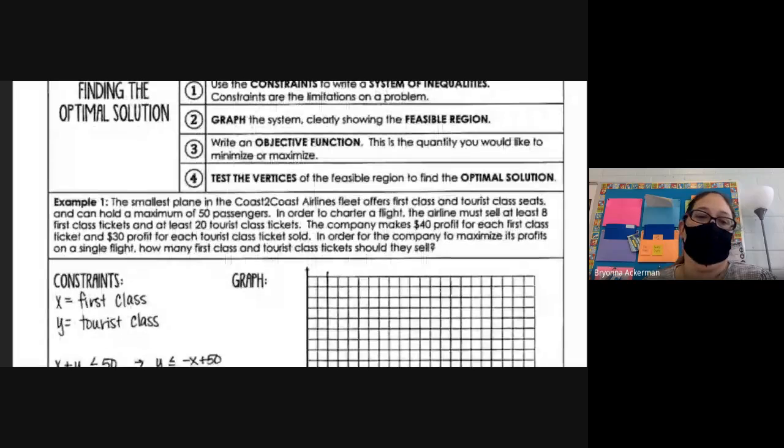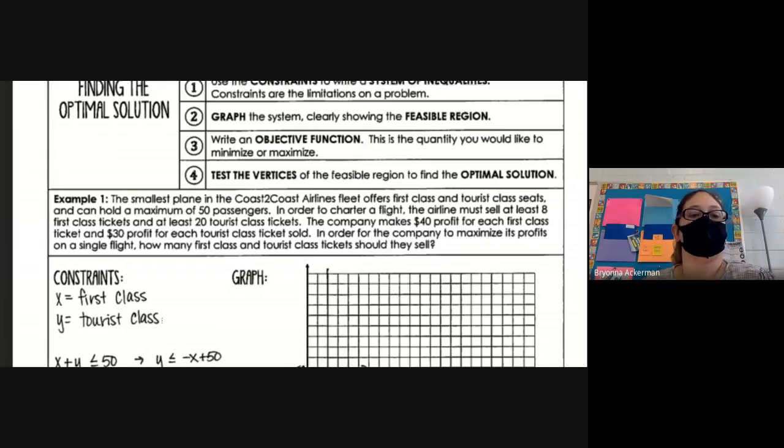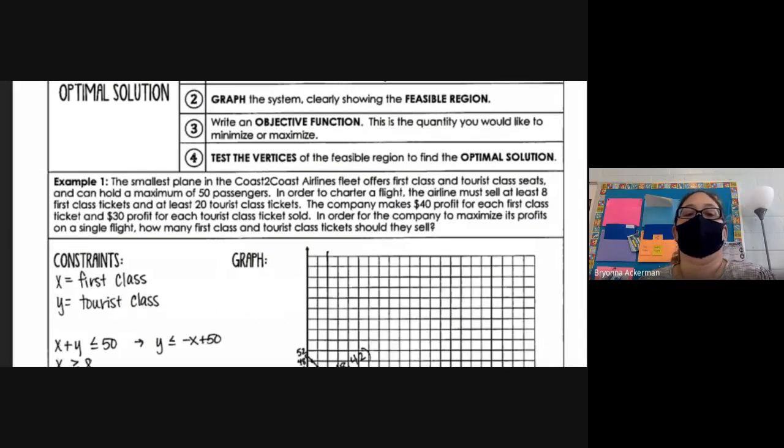I'm going to use X for first class tickets and Y for tourist tickets, just to make it easier. You could have used F and T or whatever. I know that X plus Y, first class plus tourist, has to be less than or equal to 50 seats. The combination of the two can't be more than 50.